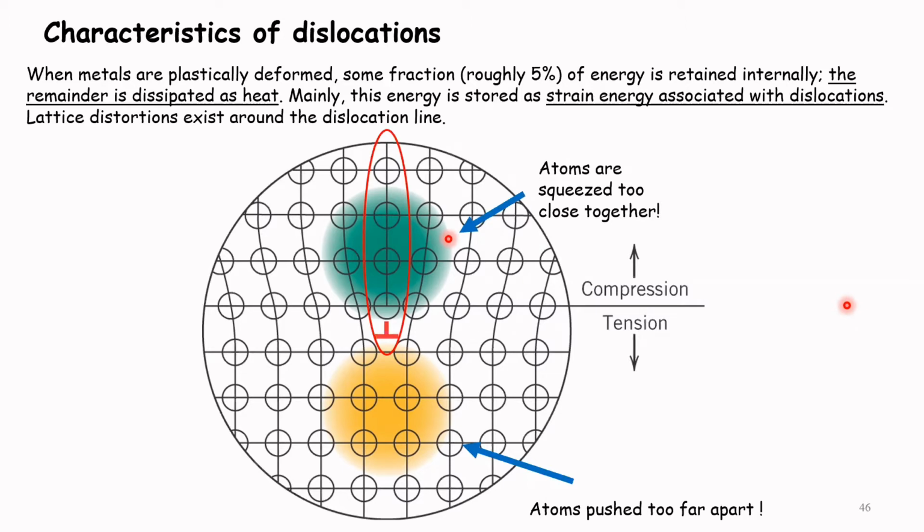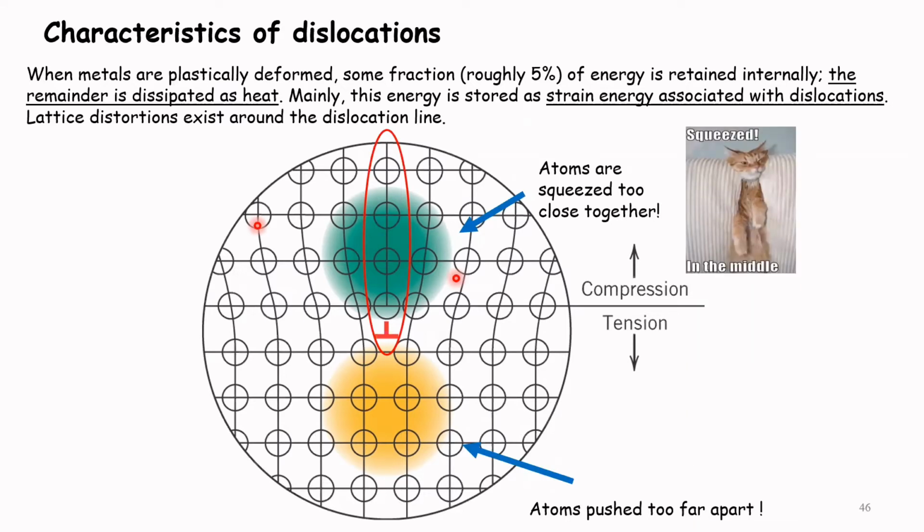If we consider the edge dislocation represented in the figure, some atomic lattice distortion exists around the dislocation line because of the presence of the extra half plane of atoms. These are regions in which compressive, tensile and shear lattice strains are imposed on the neighboring atoms. For example, the atoms immediately above and adjacent to the dislocation line are squeezed together.